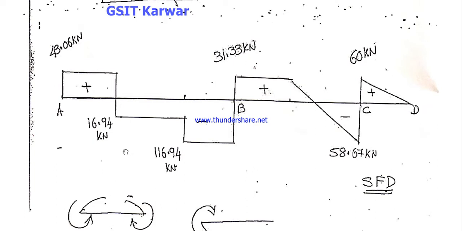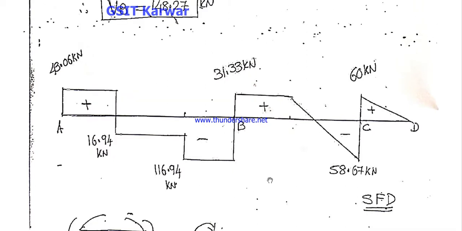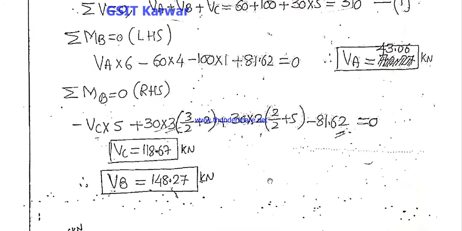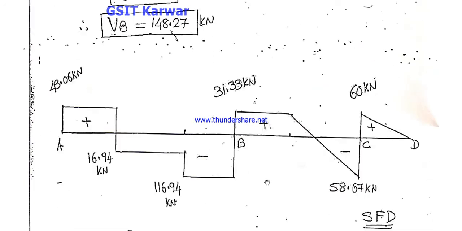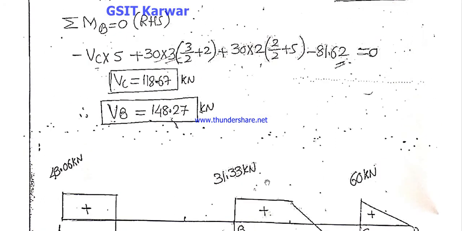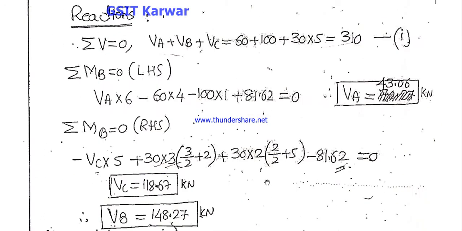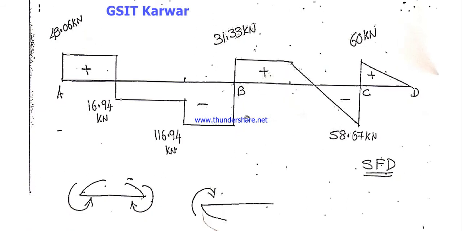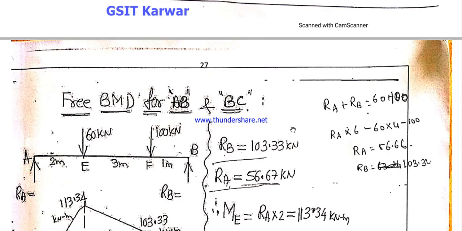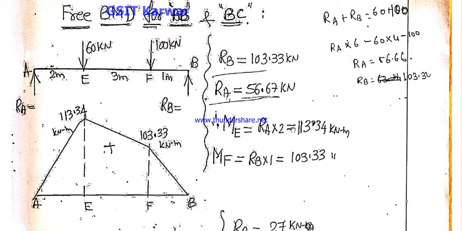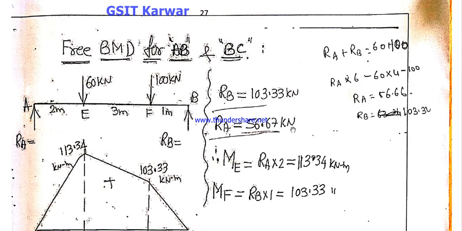In the last problem I explained how to draw the shear force diagram, and the same procedure you can follow here. This is the shear force diagram, and you can draw the bending moment diagram also, for AB and BC.